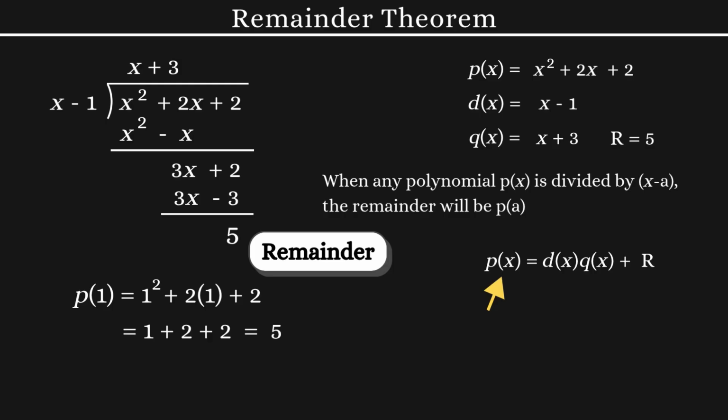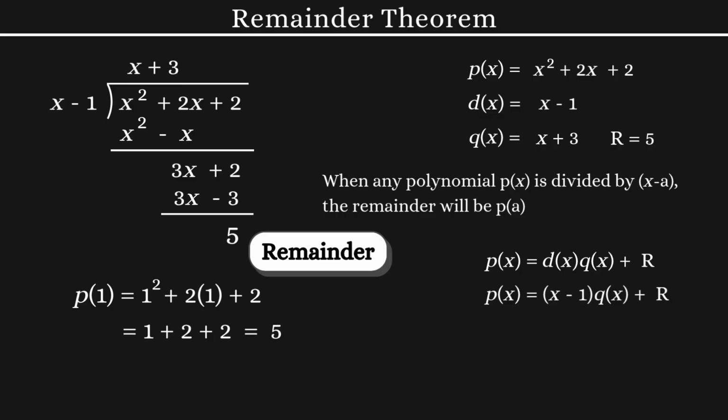In this statement, let's replace d of x with x minus 1. What we have is p of x is equal to x minus 1 into the quotient plus remainder.